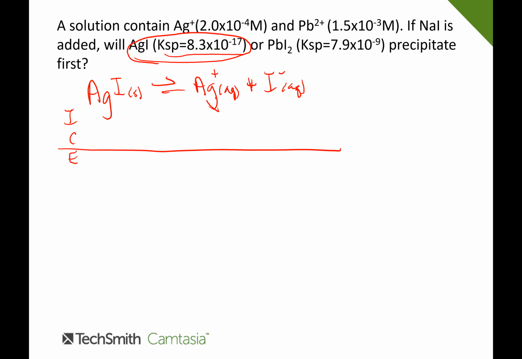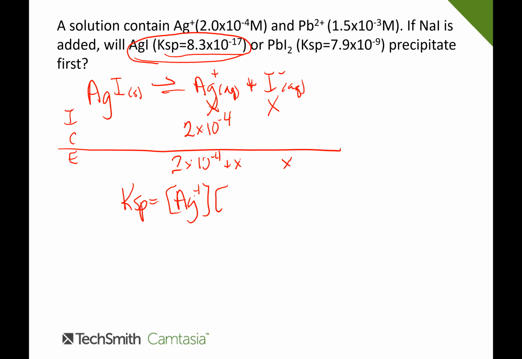And we're going to say this is X, and I have 2 times 10 to the negative 4th. So my Ksp is going to be silver times iodine, and my Ksp is 8.3 times 10 to the negative 17th.